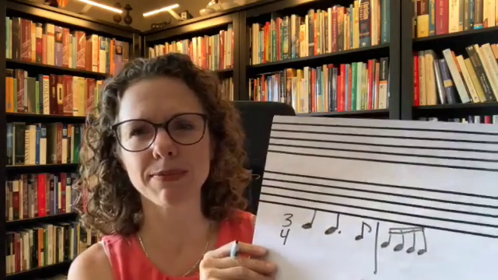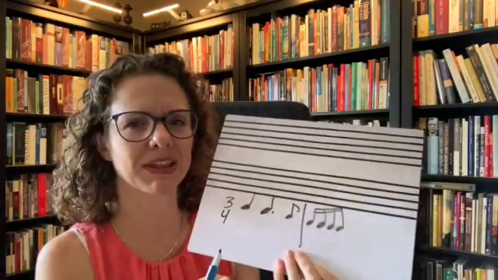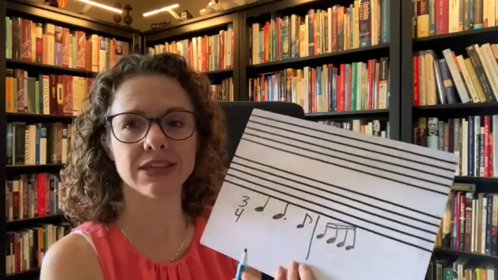So let's say, for example, we have our 16th notes. And I'll just tell you that string players, everybody kind of knows that this is not something that is easy for us.